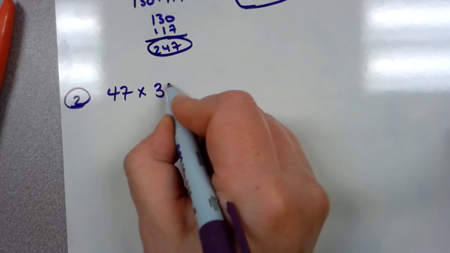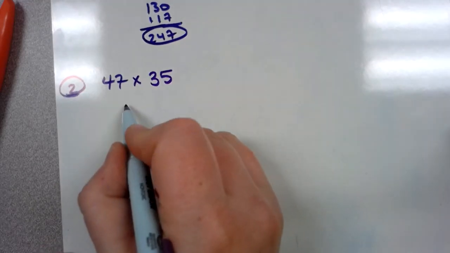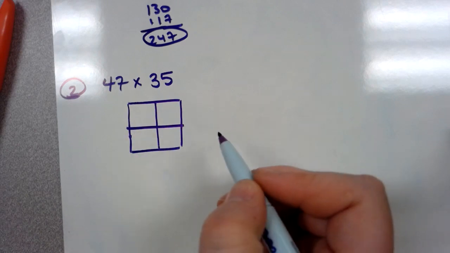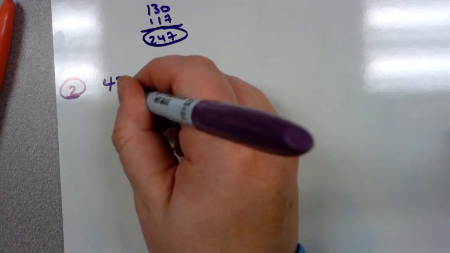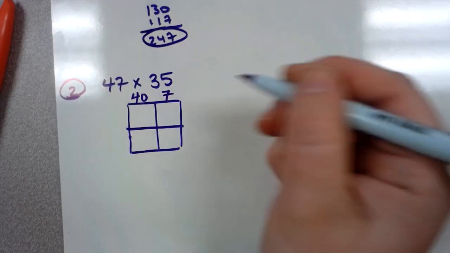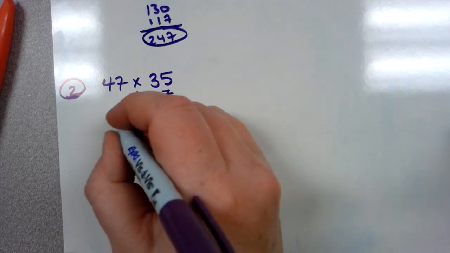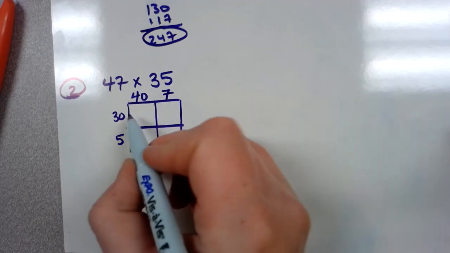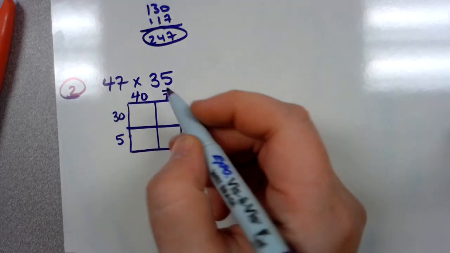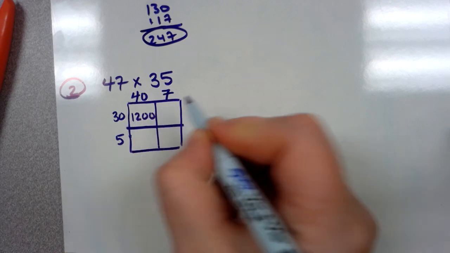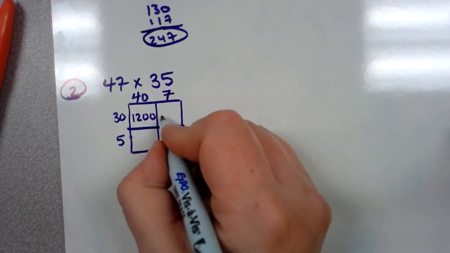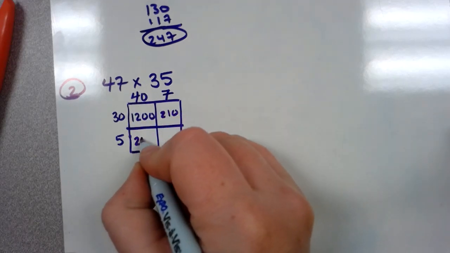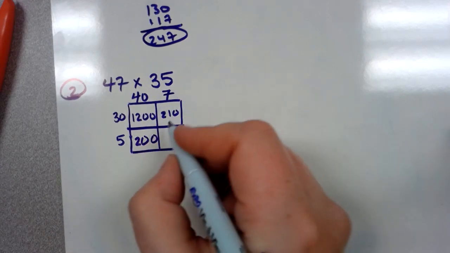47 times 35. So the first thing I'm going to do, I have 4 digits here, so I'm going to have 4 boxes. I'm going to decompose. So 40 and then 7, because that's what 47 breaks into, and then 30 and 5. So 3 times 4 is 12 with 2 zeros. 3 times 7 is 21 with 1 zero. 5 times 4 is 20, and I add 1 zero. 5 times 7 is 35.